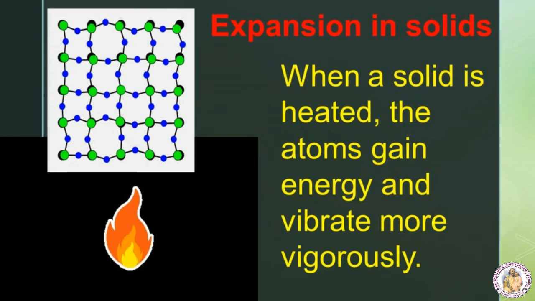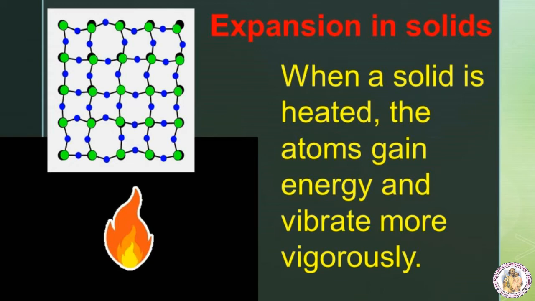Solids are rigid because the intermolecular forces of attraction that are present in solids are very strong. The atoms and molecules of solids are held together by pulling force. That is why when heat is applied on the solid, it starts vibrating first.